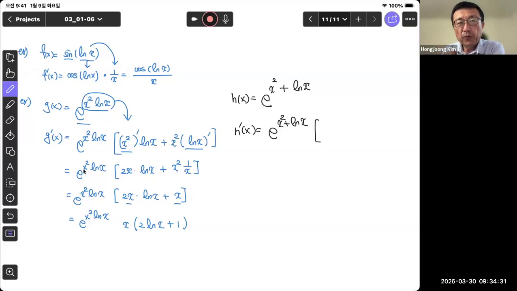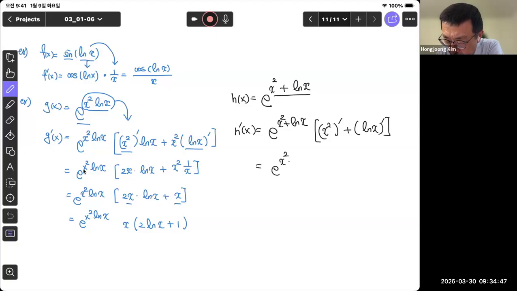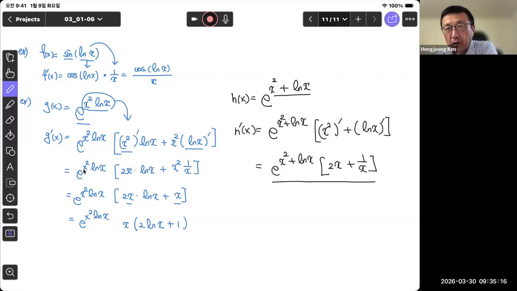But when you differentiate the inner function x squared plus ln x, you first differentiate the first term, plus, and then you differentiate the second term. So you get 2x plus 1 over x, right?